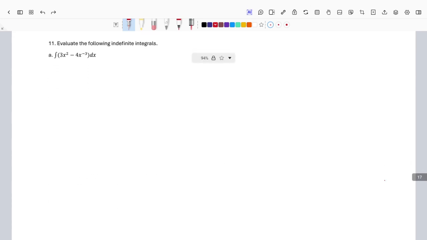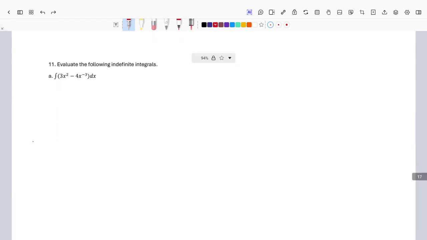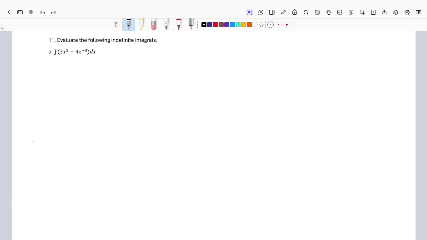And for our last item, we have to evaluate the following indefinite integral. Let's evaluate the integral of 3x squared minus 4x raised to negative 3 dx. To do this, we will integrate each term separately using the power rule for integration.